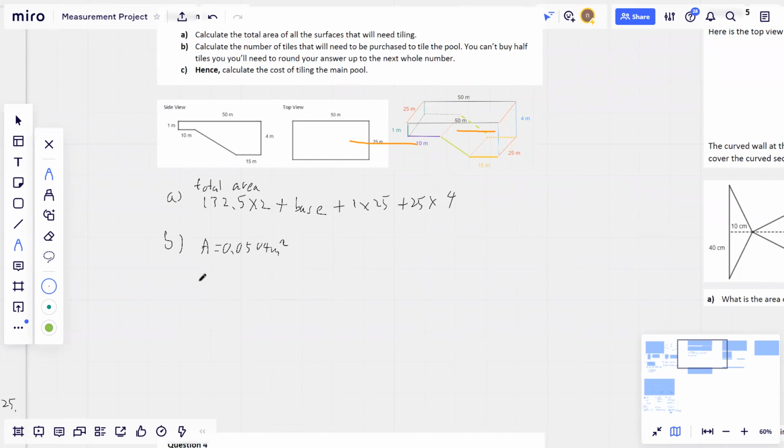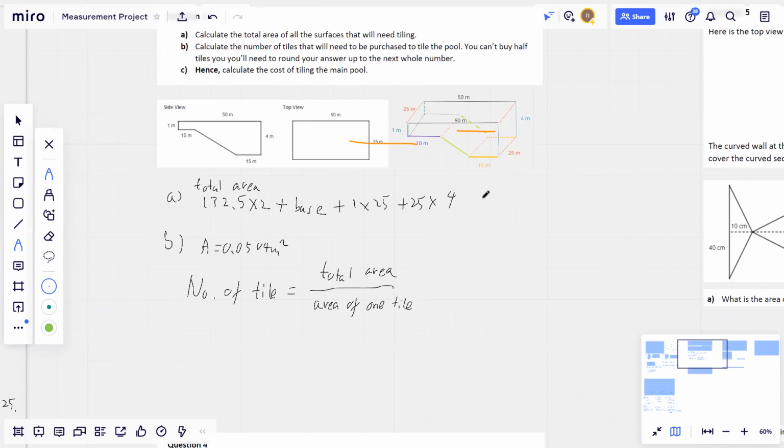So number of tiles equals the total area, which is the answer of the first question, divided by the area of one piece of tile. We use this equation, we can find the answer.